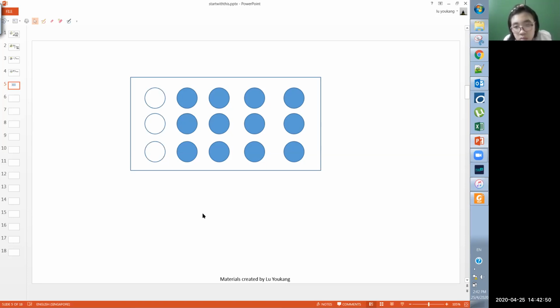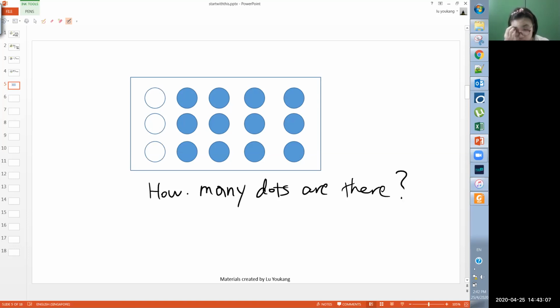So can I ask you, how many dots are here? 15. So there are 15 dots, right? Okay. How many white dots are there? 3.